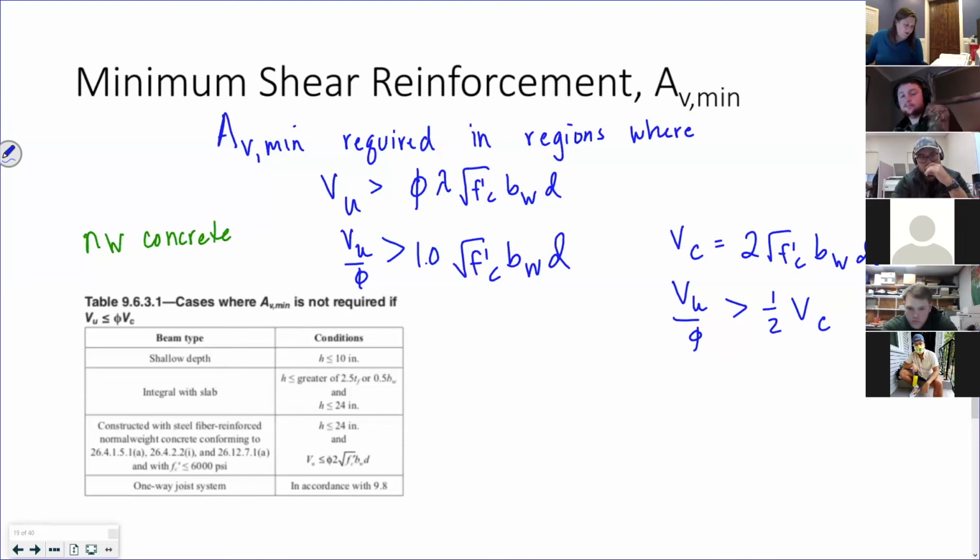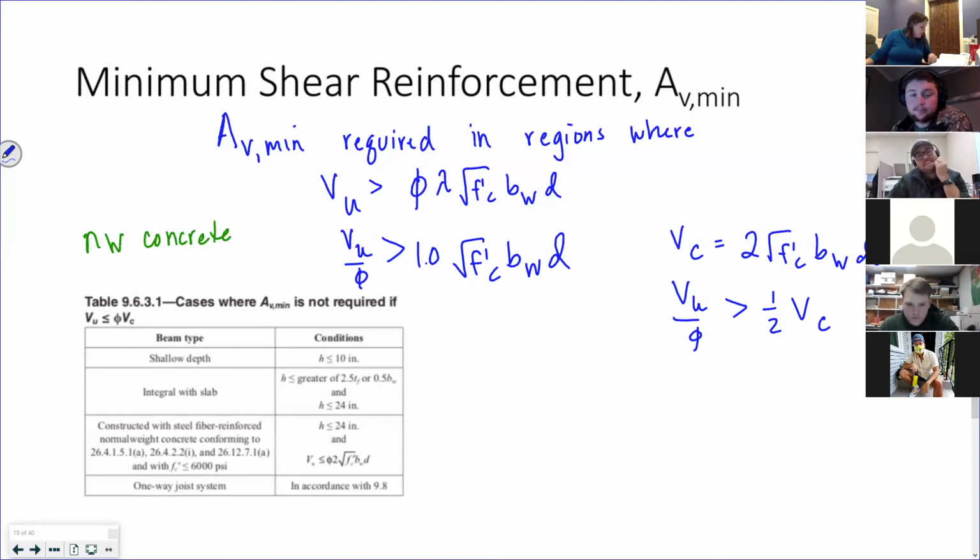If I look at this, there are cases where I'm not required at all. These are really small.